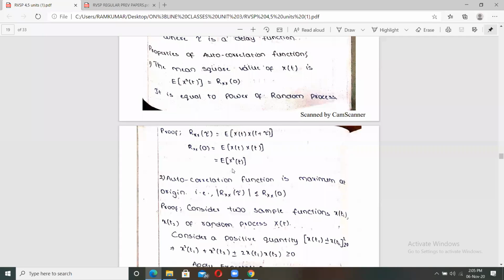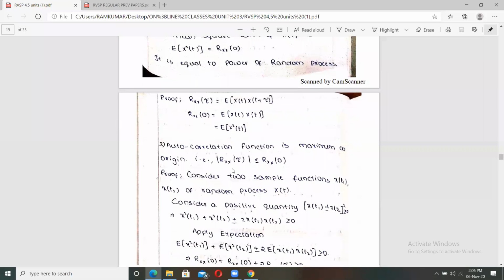This is about the first property. Please remember this formula about the mean square value.